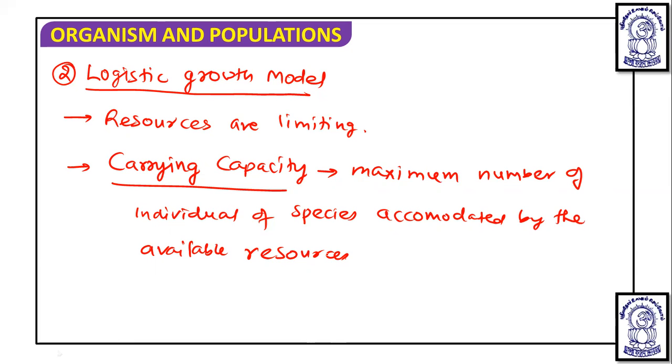And this leads to competition, because nature provides a limited medium. Limited availability of resources leads to competition between the individuals for the limited resources, and the fittest individual will survive.